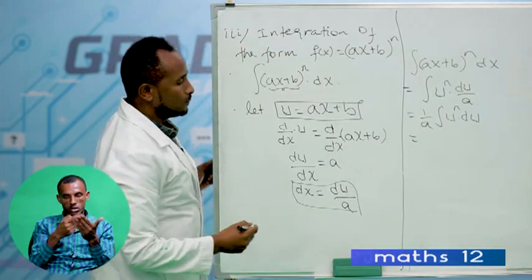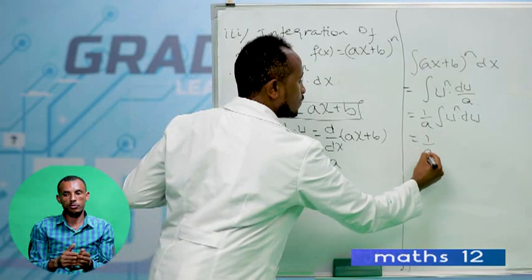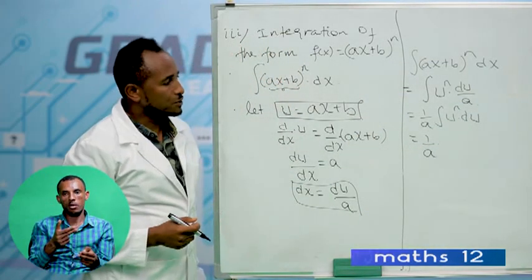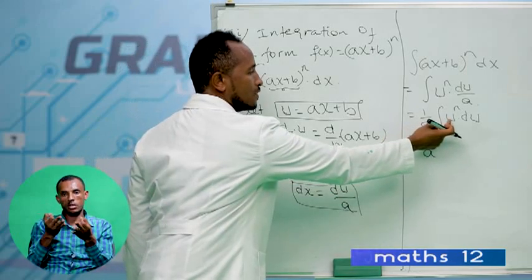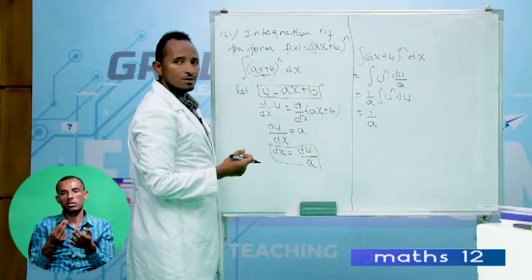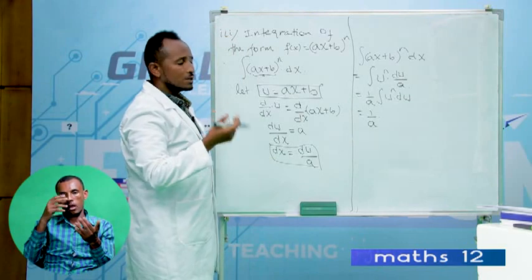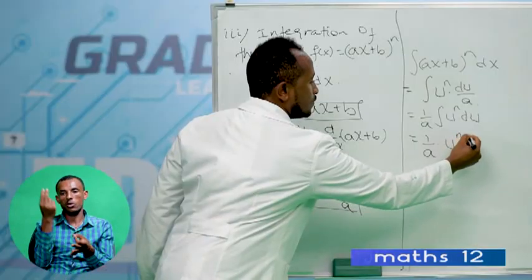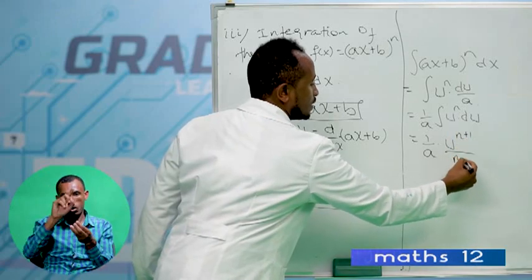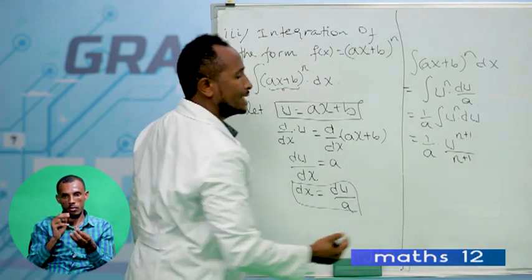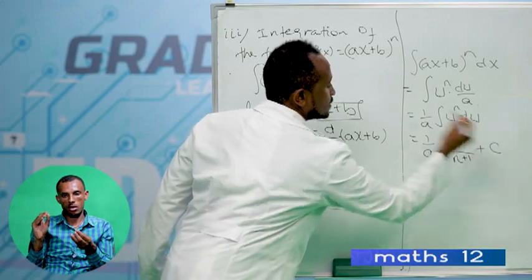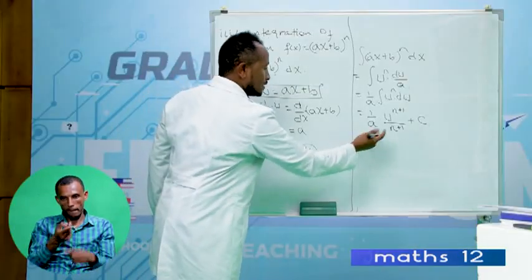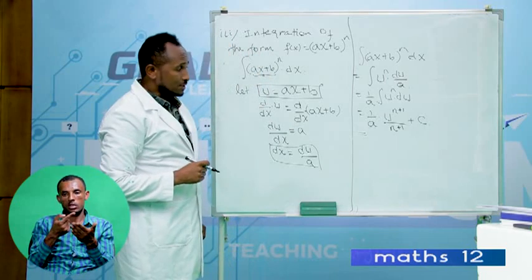Now it becomes simple to integrate this expression because it is a power function, u to the power of n du. To integrate it, we get u to the power of n plus 1 over n plus 1, and don't forget the integration constant c. But this is not our final answer.